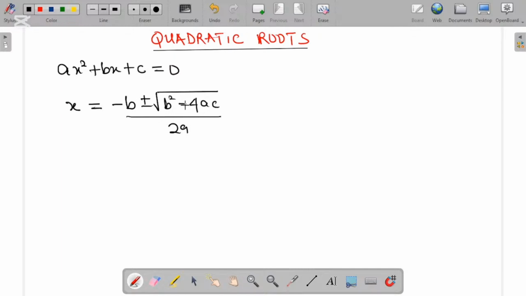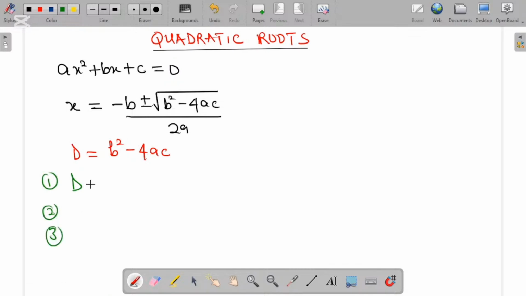We said that the value under the square root is called the discriminant of the quadratic equation. So this is your b squared minus 4ac. We have our d satisfy 3 conditions that will tell you the different kinds of roots that equation is going to have.